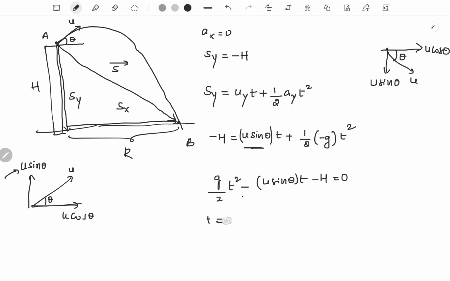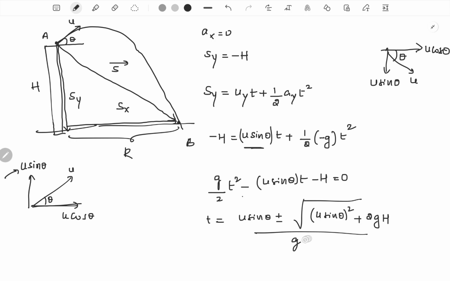So basically we got a quadratic equation here. So if we use t is equal to minus b plus or minus root of b square minus 4ac, all divided by 2a, which is 2 times g by 2, which is g. Since the time that it takes is basically positive, two solutions are possible, one with plus and the other with minus.